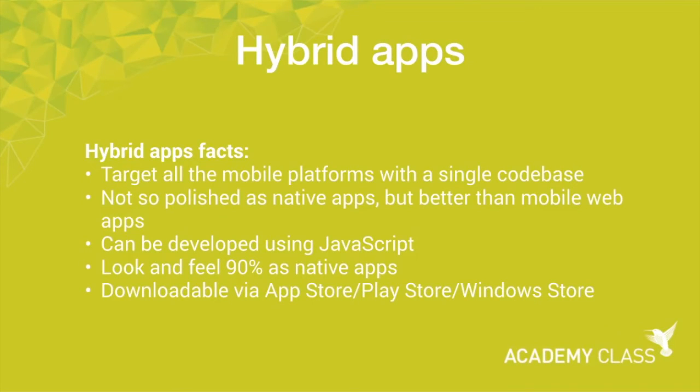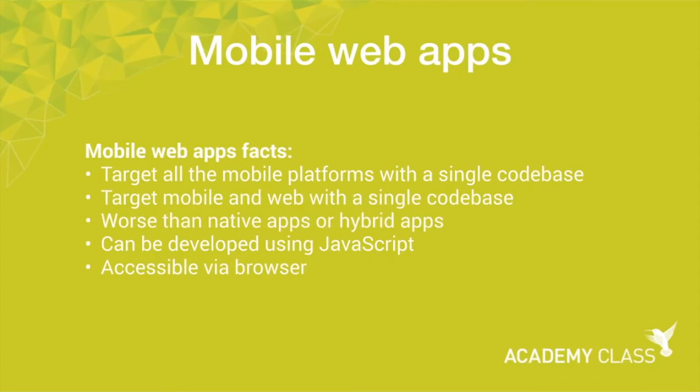If you're not an experienced developer, you will most certainly not know the difference between a hybrid app and a native app. And the advantage of a hybrid app is huge. You can use JavaScript, the language which you know already, and develop one code base and use that for all the major platforms. So that's a huge win.